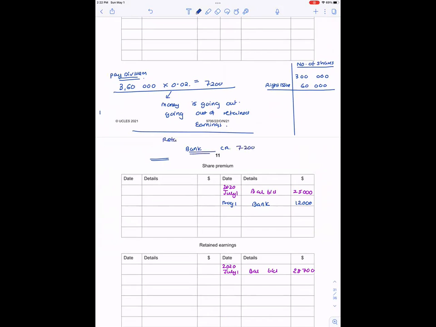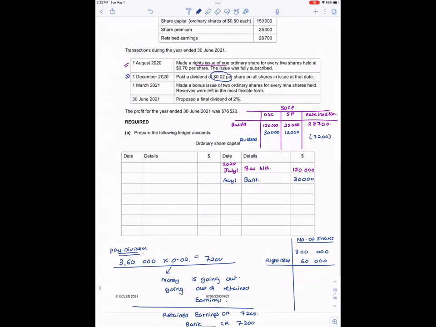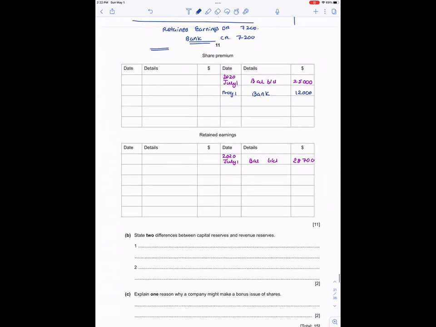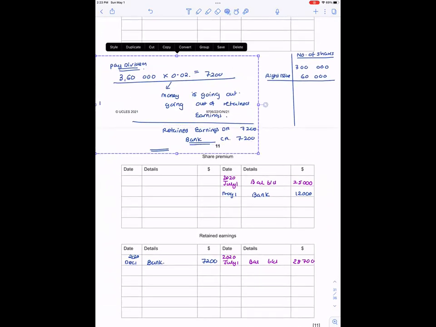And retained earnings has a credit balance, so if that is reducing, we will debit it. Retained earnings debit. You're giving dividend on 1st December. For the journal entries, retained earnings debit and bank credit. Everyone with me? Okay, fine. So I'm removing this retained earnings part also now.